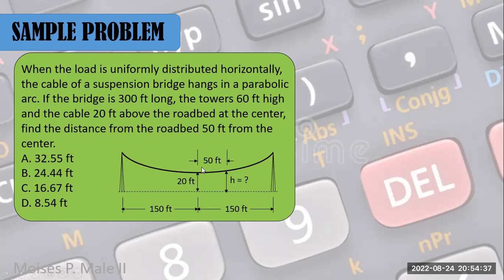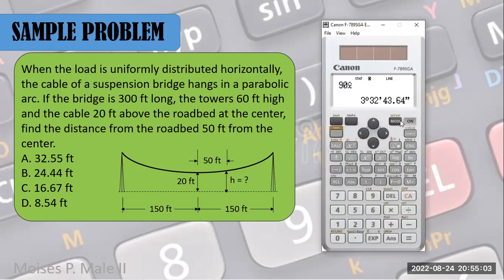Okay? So if this is a parabola, we have at x equals 0, y equals 20, and at x equals negative 150, y equals 60. This is 60, right? When x equals 150, that is also 60. So, we will use quadratic here, because the parabola is quadratic, right? So, mode, stat, quadratic.